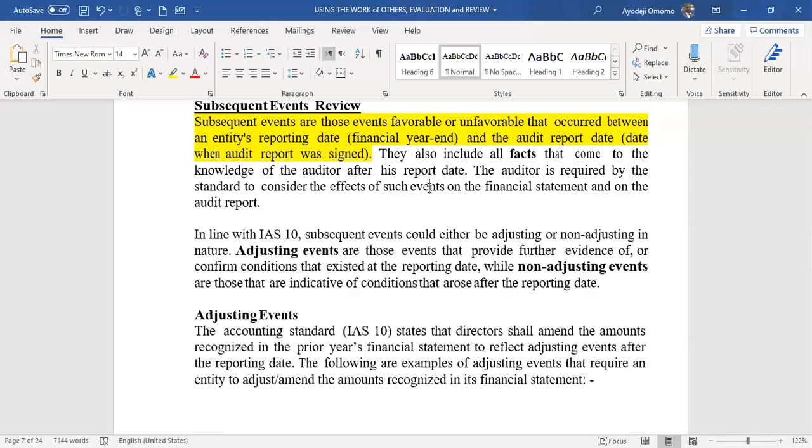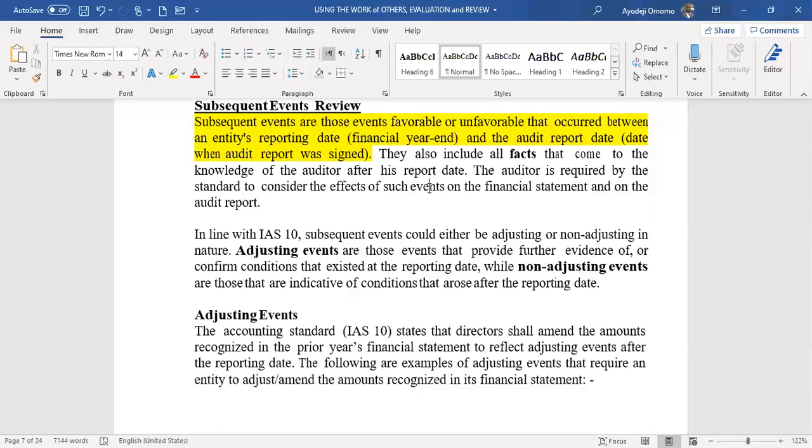Fola, what do you think? Grace, what do you think? The four of us that are remaining in this class, let's push ourselves a bit. Ayo has said that if you leave it there, this might amount to overstating inventory. So Grace, what is your take? I think it should not be left there.